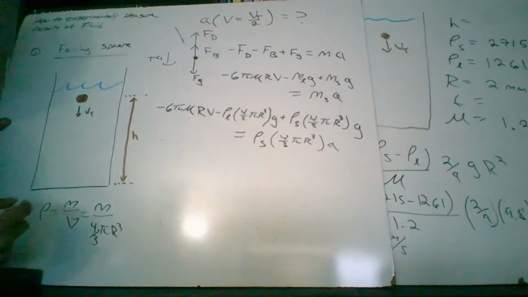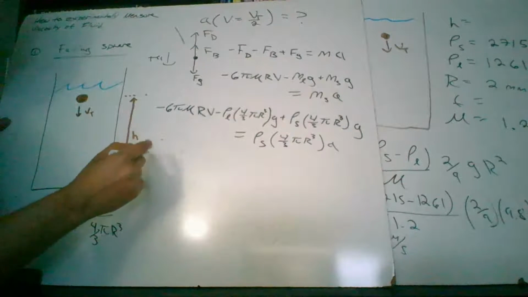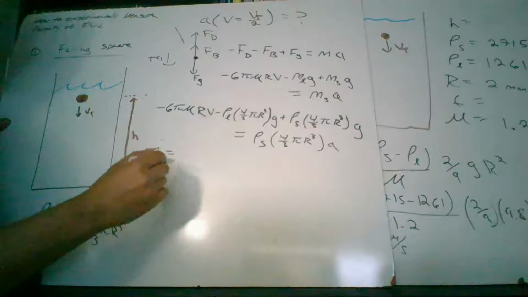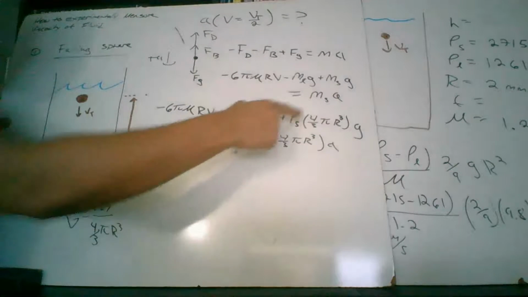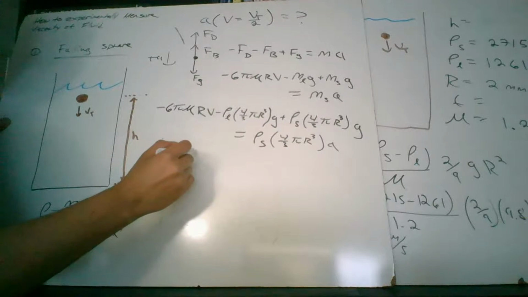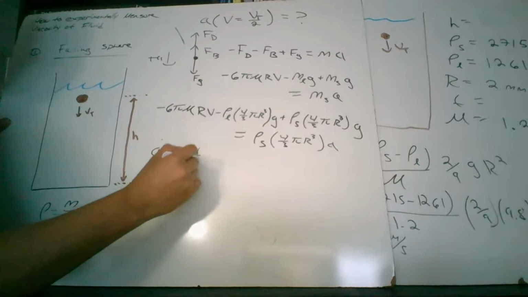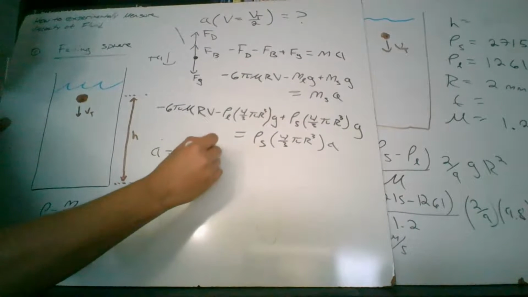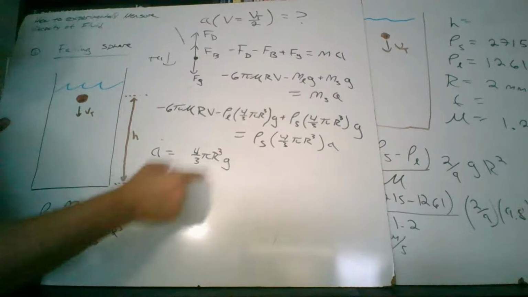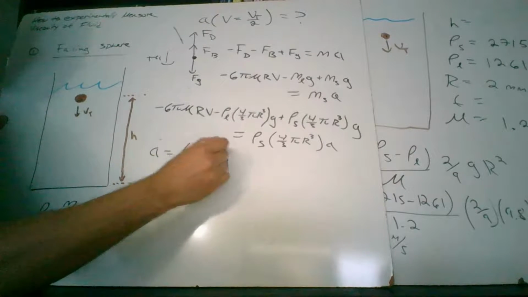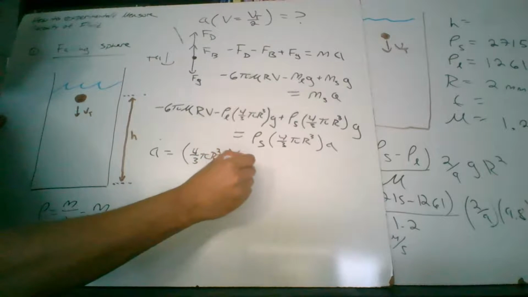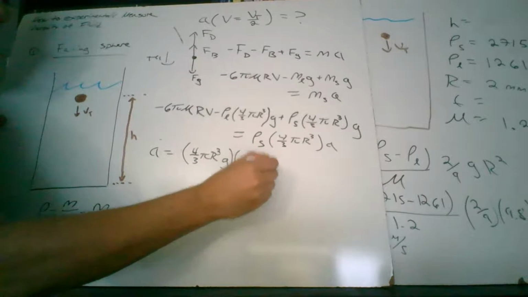And we will get that the acceleration is going to equal, let's clean it up a little bit nicer. So I'll bring this to the front here. You've got 4/3 pi r cubed, sorry, times g. That can get factored out from here and here. I'm going to multiply it by the density of the solid minus the density of the liquid.